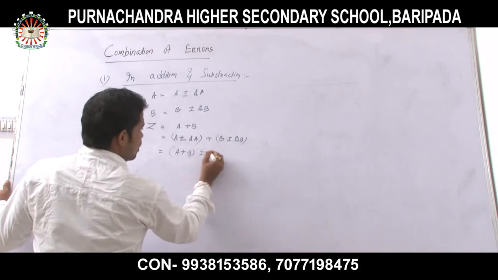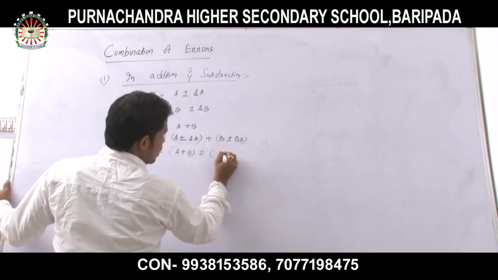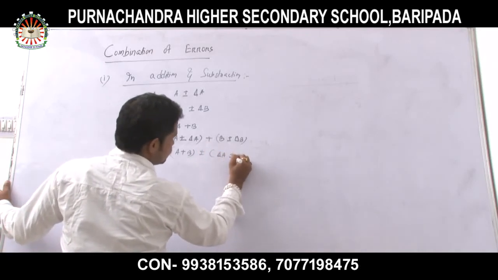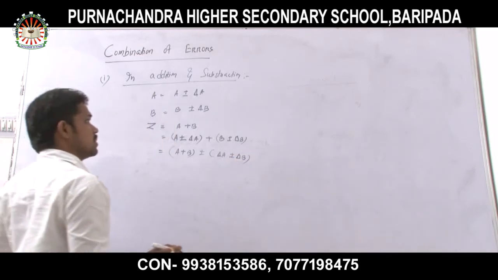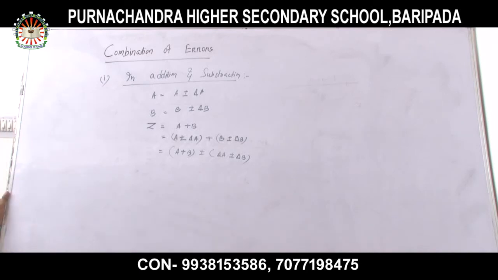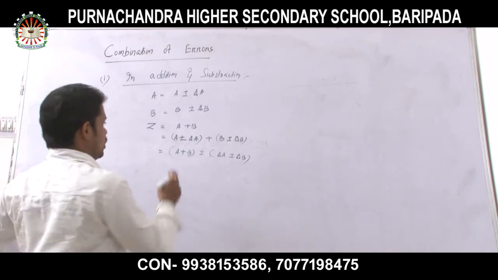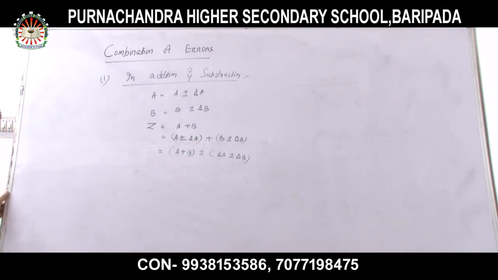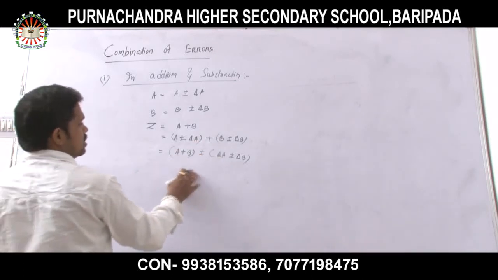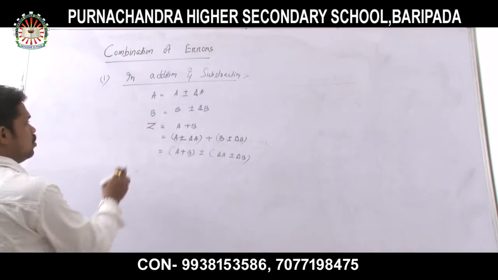A plus B plus minus del A plus minus del B. Completed. Understood, all of you? This is how we get Z.